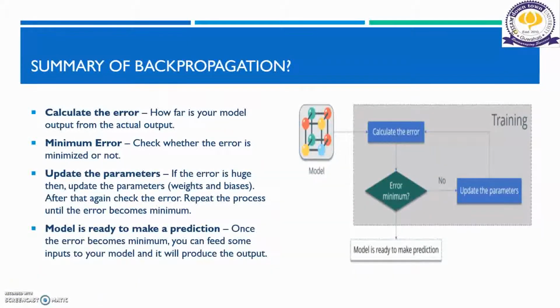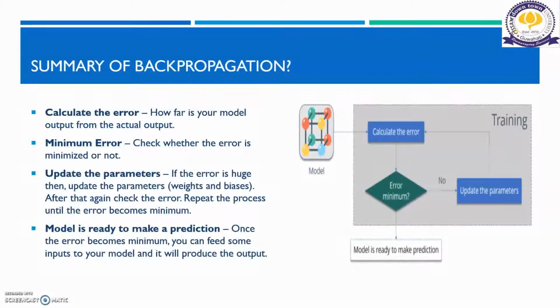So what happens in backpropagation? After you design your model or your neural network, you need to give training so that your model can correctly do a particular work, such as predicting something, or classification or pattern recognition work.